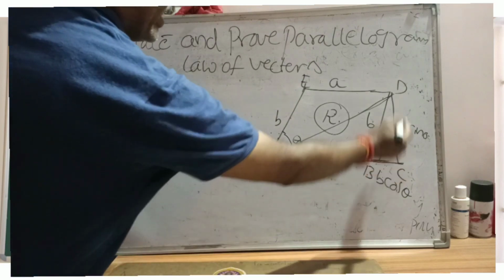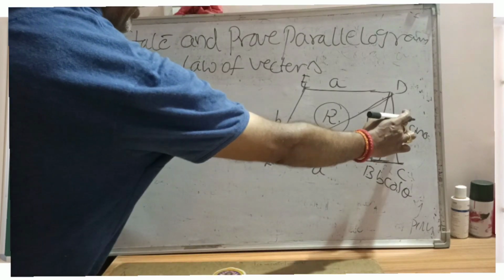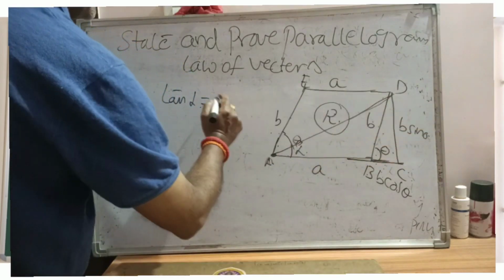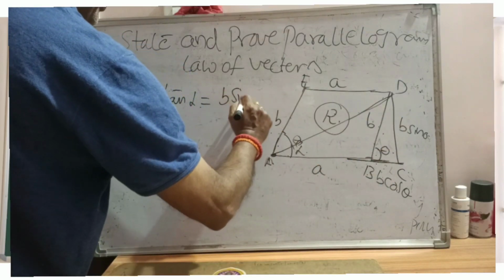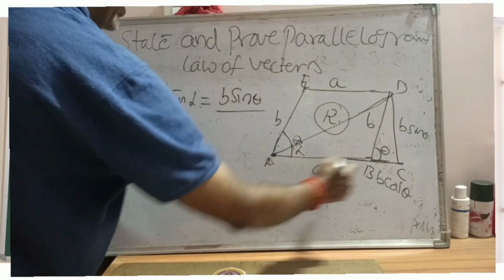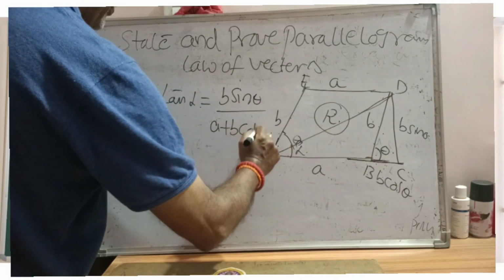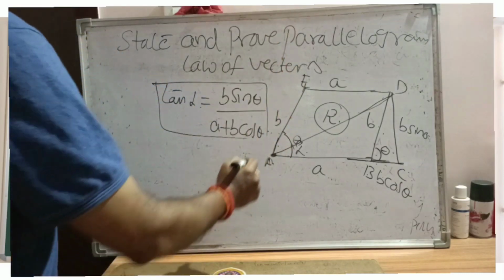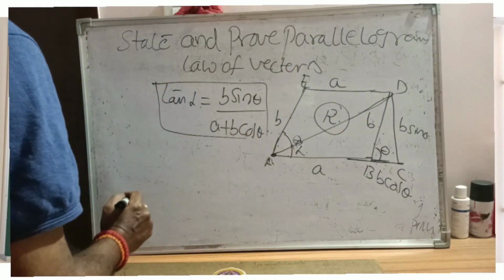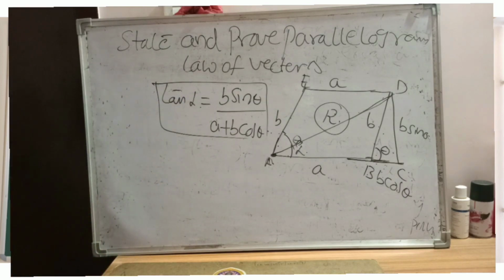In triangle ACD, tan alpha is equal to opposite side by adjacent side. Opposite side is B sin theta and adjacent side is A plus B cos theta. Therefore, to find the direction of this resultant vector, tan alpha is equal to B sin theta by A plus B cos theta.